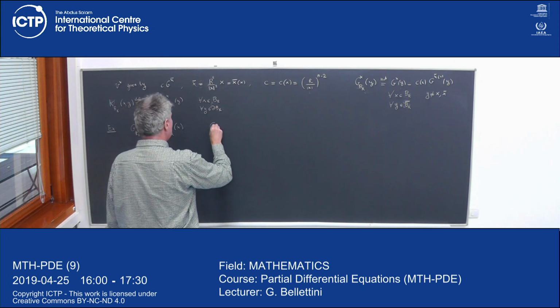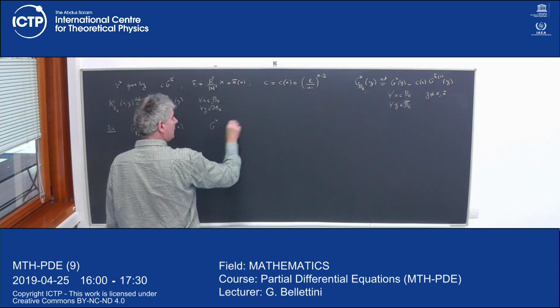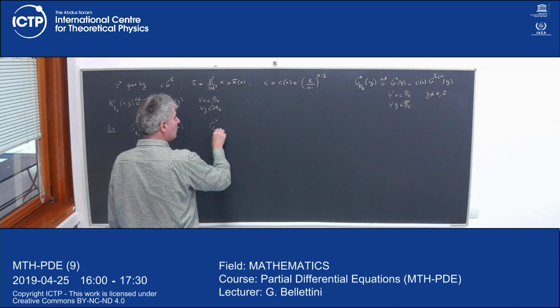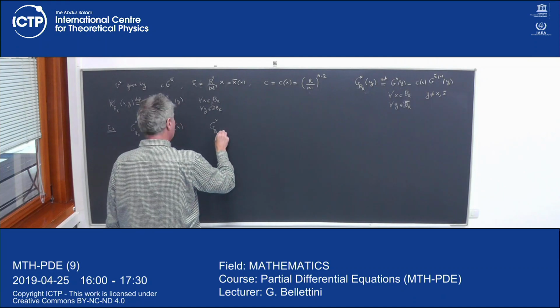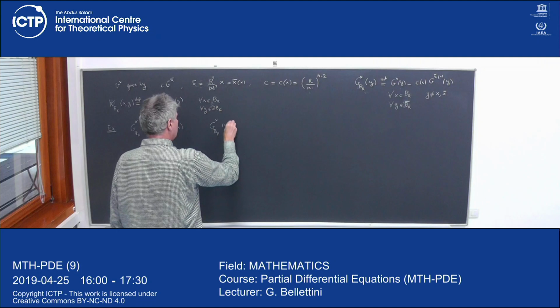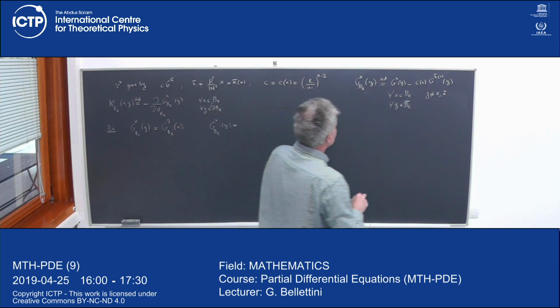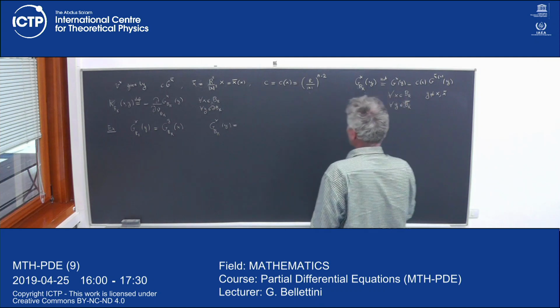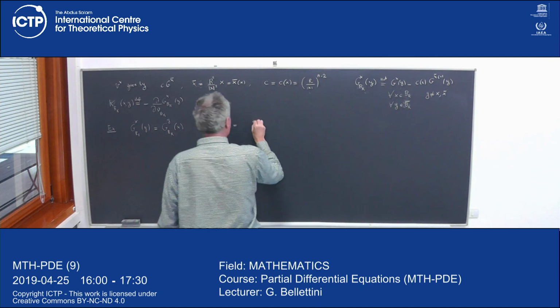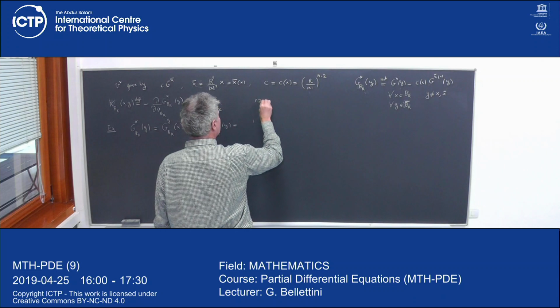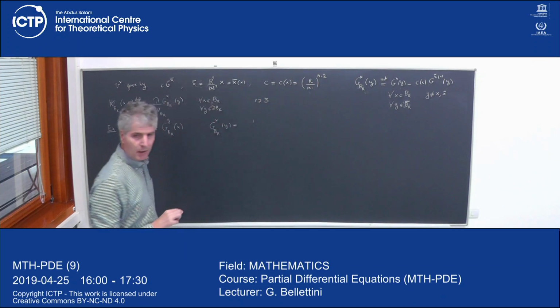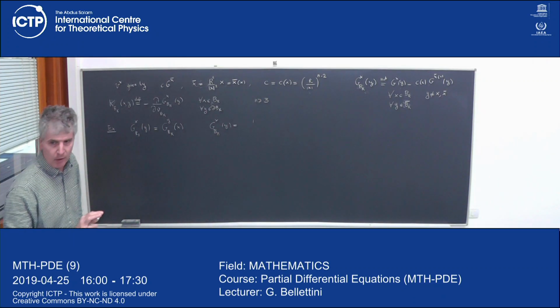So we have G under the assumptions on x, y written there. More explicitly, there is some constant here. Suppose that n is larger or equal than 3, just to fix the dimension.